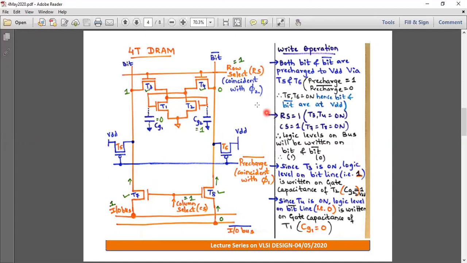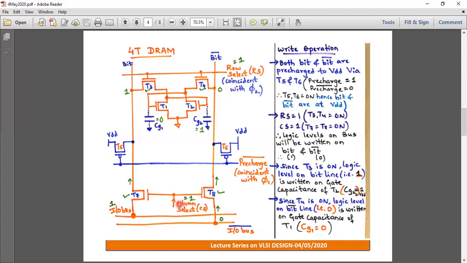To perform the write operation, that is to store the data in the memory cell, row select is made 1, RS equals 1. Since row select is 1, and row select is connected to the gate of T3 and T4, T3 and T4 will be in the on state.